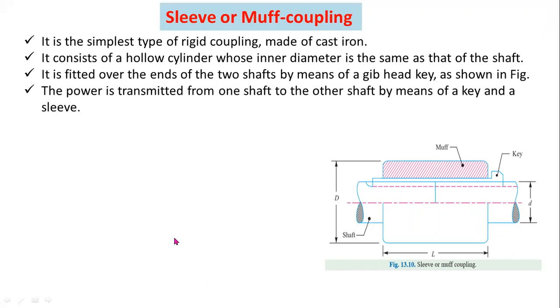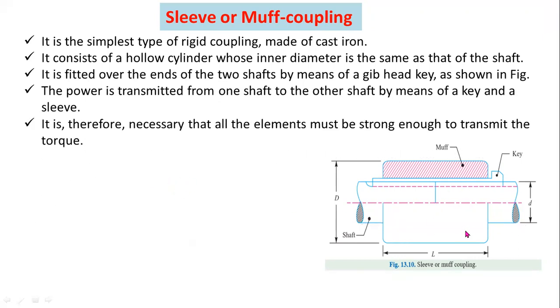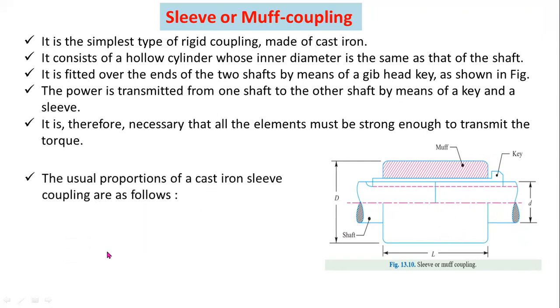Power is transmitted from one shaft to another shaft by means of a key and a sleeve or muff. It is therefore necessary that all the elements must be strong enough to transmit the torque.